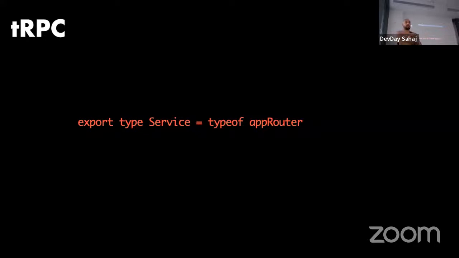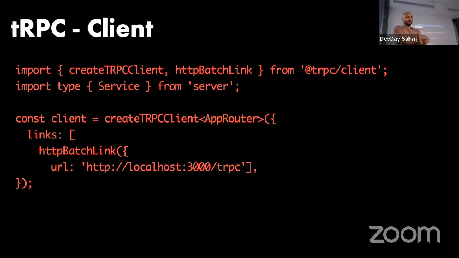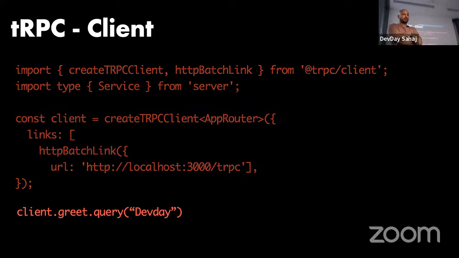Now your project can refer to the type. For example, you can say import type service from the server, create a client, and then simply call client.greet. It's a type of a query, pass in the input parameter, and it works.